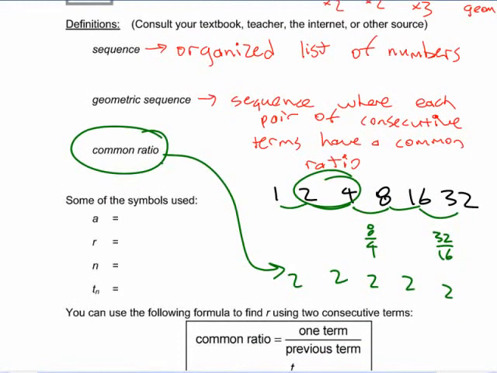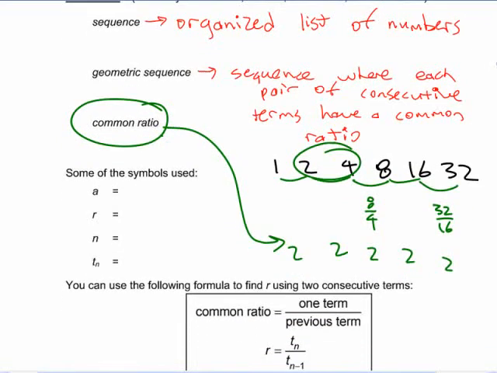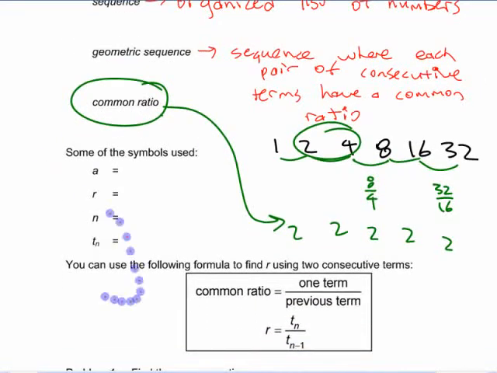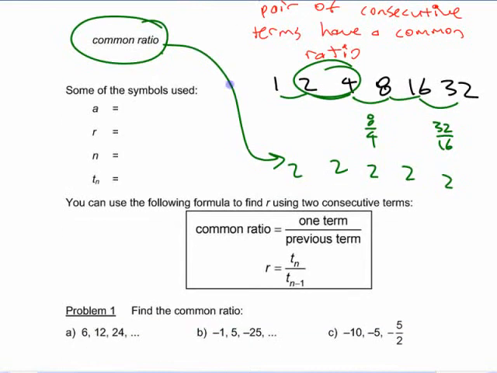Some of the symbols that we're using here are similar to what you used in grade 10. If you have a sequence like the one we just had there, again, I'm going to rewrite it so we can use it here. 1, 2, 4, 8, 16. For some reason, somebody's decided to call the first term A, and then the second term, term 2, and the third term, term 3, and term 4, term 5.